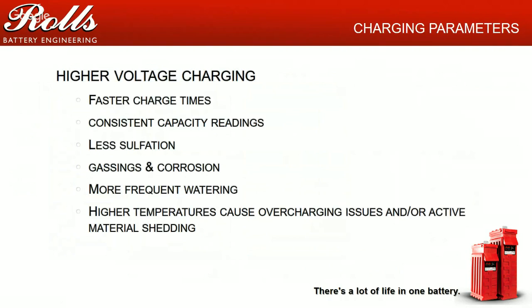With higher voltage charging, you increase your charging times, your capacity readings are more consistent, and you've got less sulfation, but you have more gassing. You could have more corrosion on your terminals, and you're going to use more water. And if you start seeing temperatures in excess of 115 to 125 degrees, you're going to start seeing overcharging and or active material shedding.